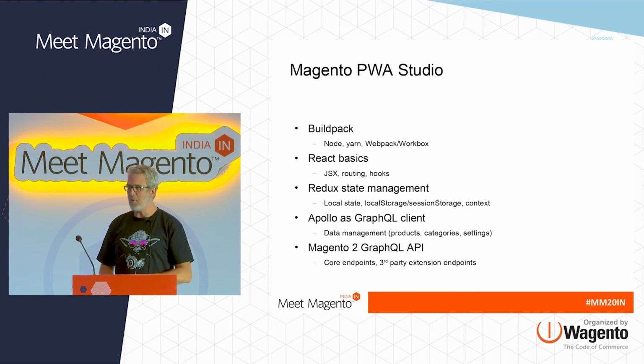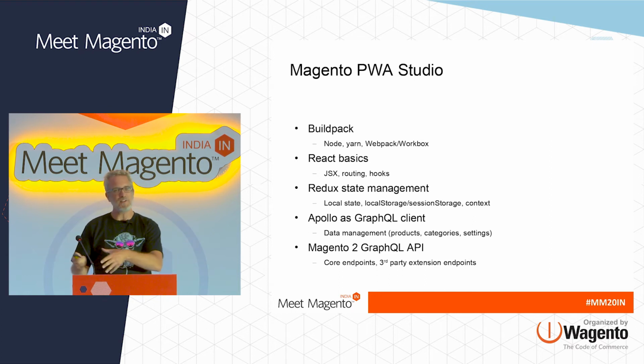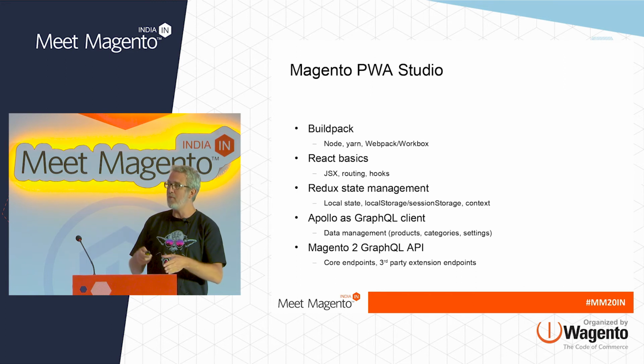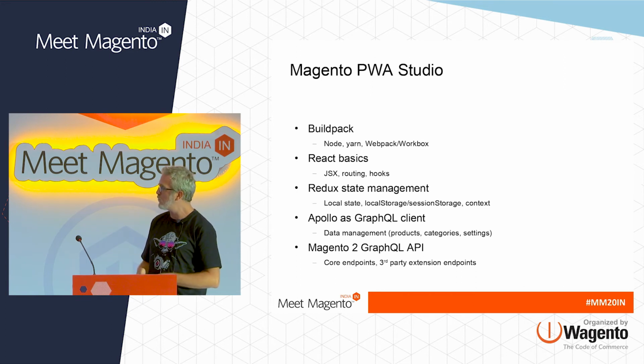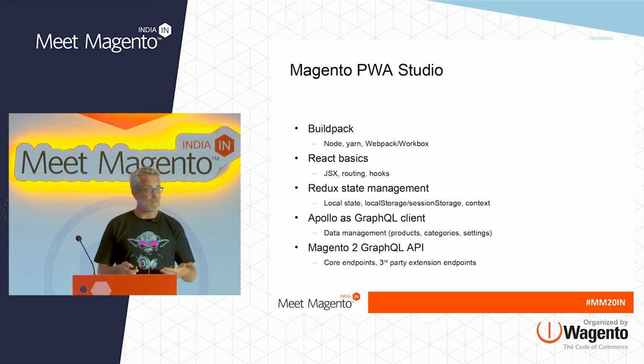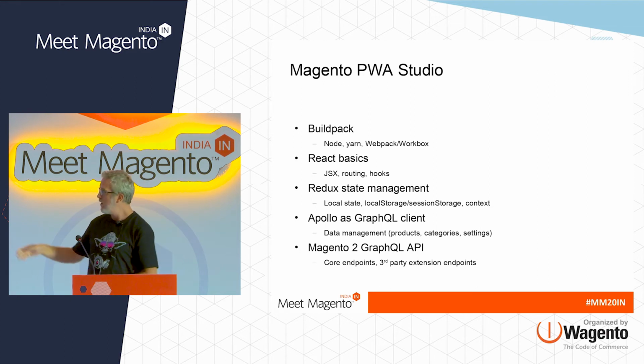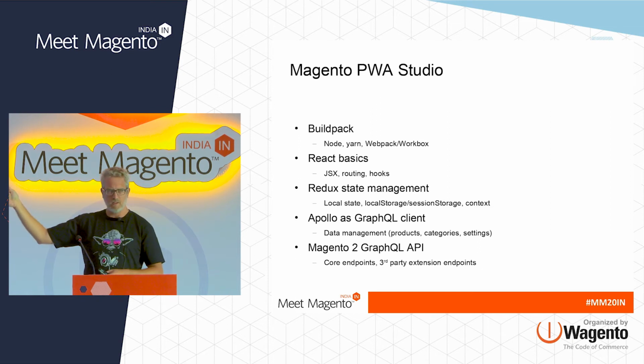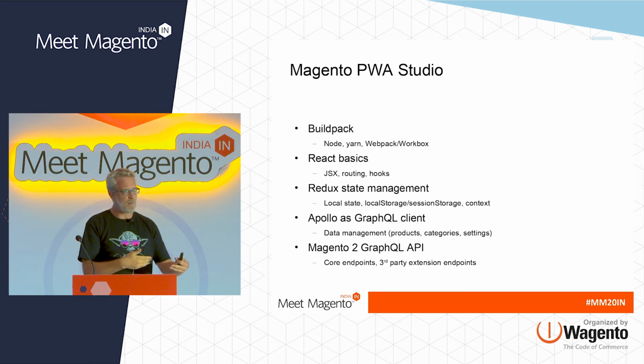So I'm now already 20 minutes into my talk, and now I'm suddenly first mentioning PWA Studio on purpose because it's just one of the choices, one of the things that you could choose for. And then the stack that you get with PWA Studio is Buildpack, a development environment, which is not that strange or not that far apart from the typical React development environment that you would get while following online tutorials.